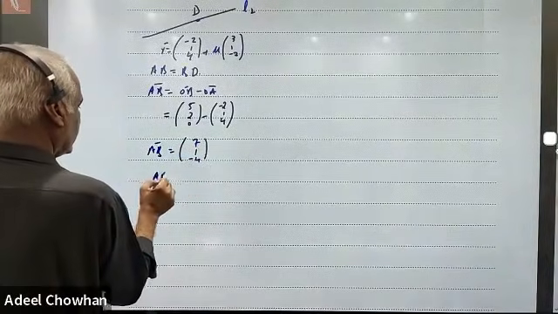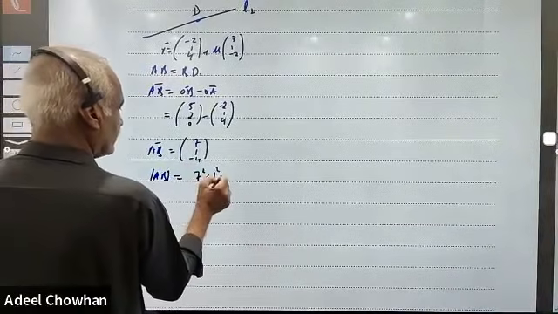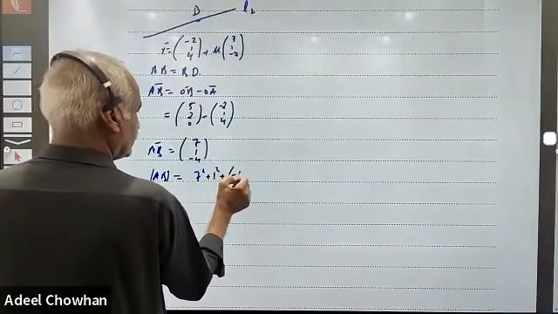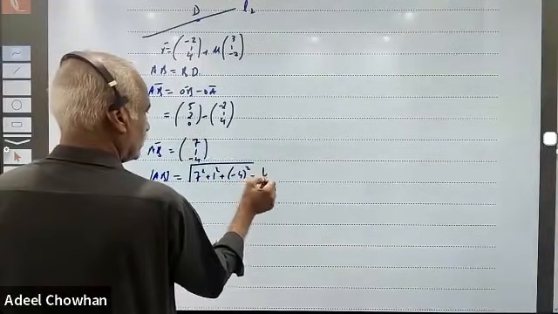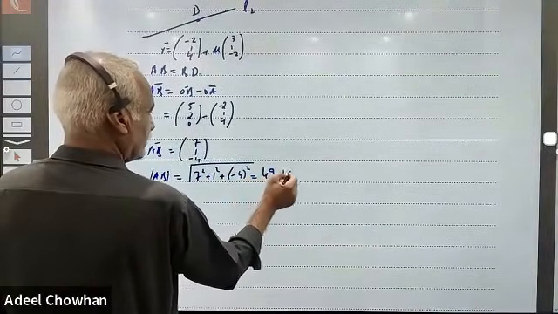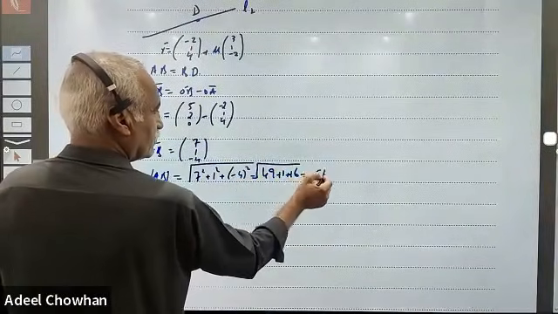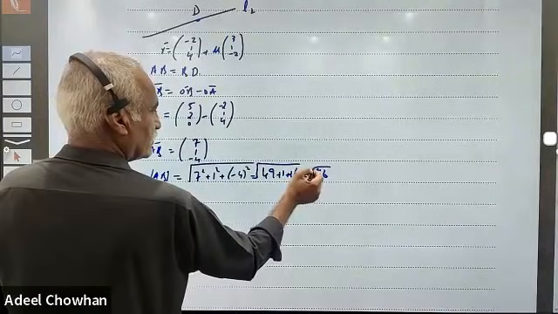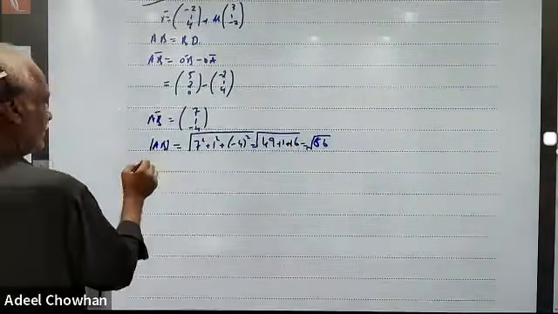So the AB magnitude is equal to the square root of 7 square plus 1 square plus minus 4 square, which is 49 plus 1 plus 16, so that is equal to square root of 66.